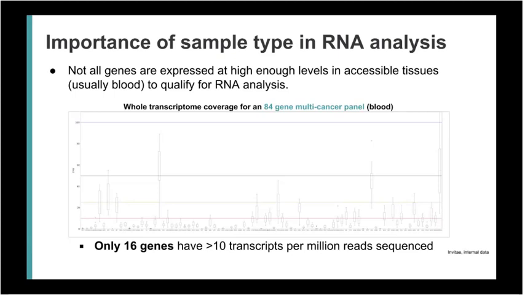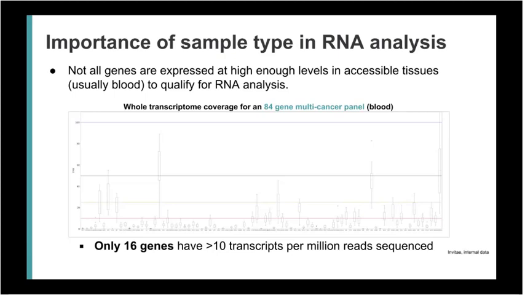And we found that only 16 genes in that set of 84 had enough coverage to meaningfully be able to assess them. Here we defined that as needing to have seen at least 10 transcripts per million reads sequenced.